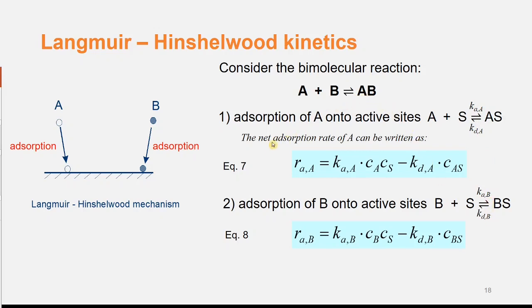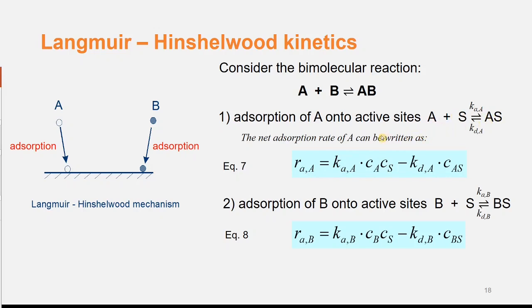Now we write the net rate of adsorption, which is equal to the rate of forward minus the rate of backward reactions. So the net rate of adsorption of A can be written as R subscript small a for adsorption, comma, capital A for component A, equal to the rate of the forward step, which is adsorption.